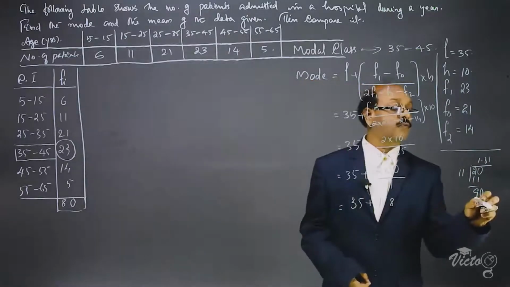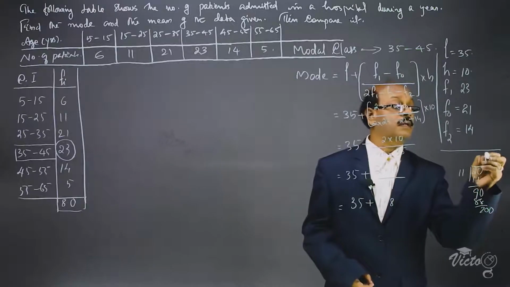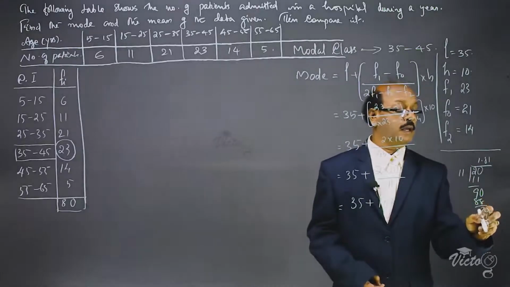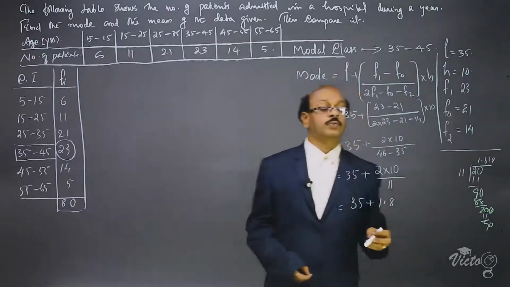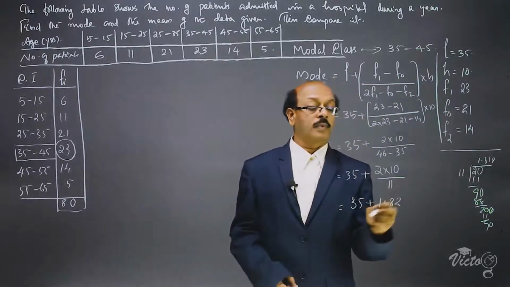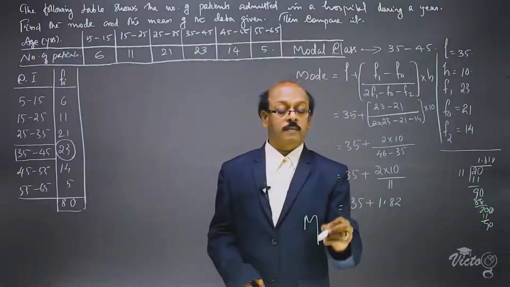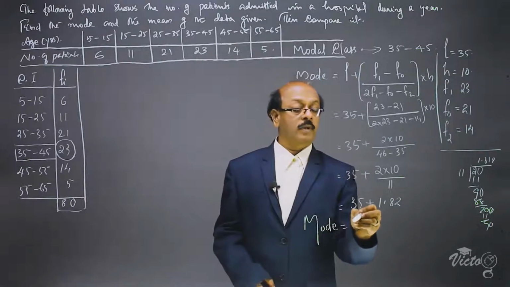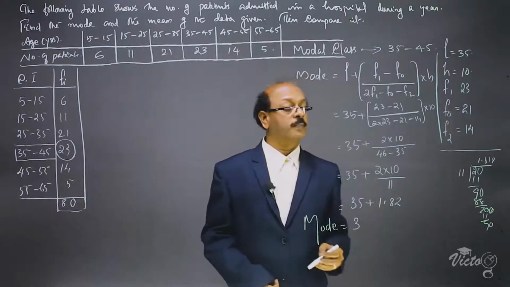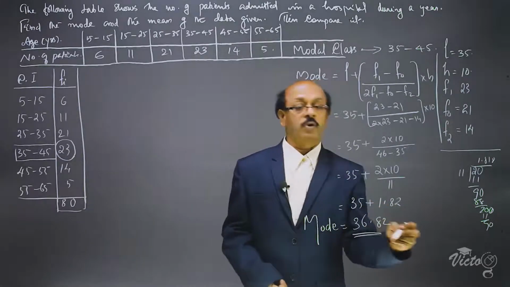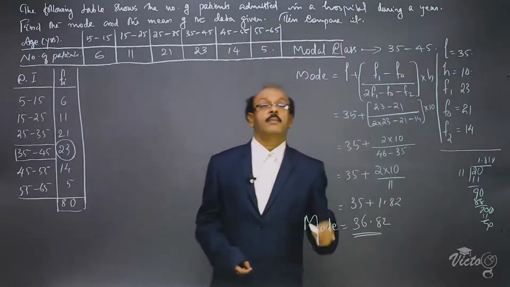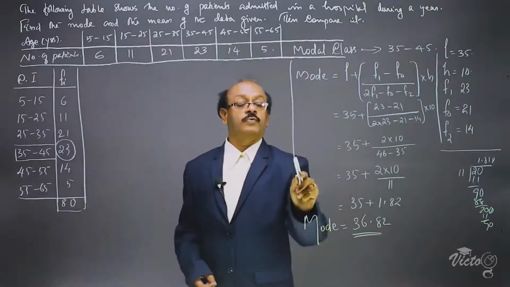Once again, 20, 11 times 1, 9, 98. So we can write it as 1.82. Mode is equal to 35 plus 1.82, which gives 36.82. This is the mode of the frequency distribution.